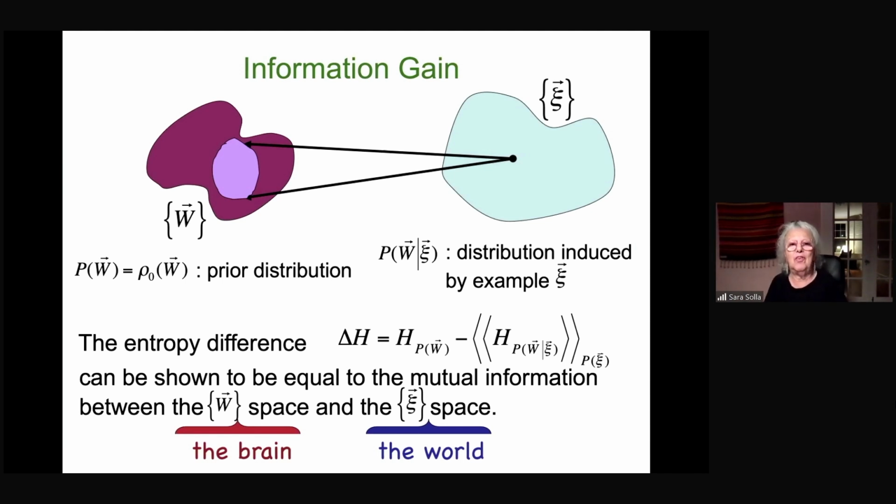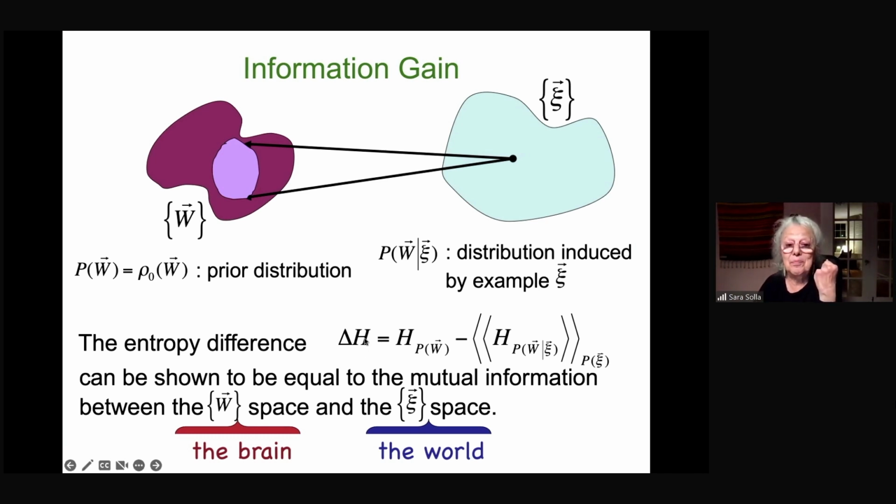So let's have the following picture in mind. I started with an ensemble W, the big purple ensemble, controlled by rho 0 of W, which is the prior distribution. Every example psi is now predictable according to a given ensemble W and introduces a P of W given psi. So every time I see an example psi, I get a probability distribution over W given psi, which is the probability distribution induced in W given psi.